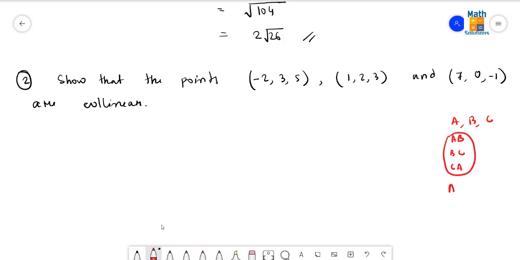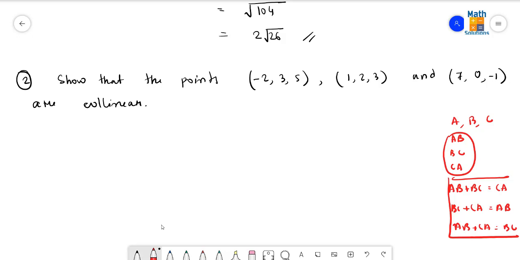That means we should get AB plus BC equals CA, or BC plus CA is equal to AB, or AB plus CA is equal to BC. Any one of these 3 if we get, then it will imply that these 3 points are collinear.